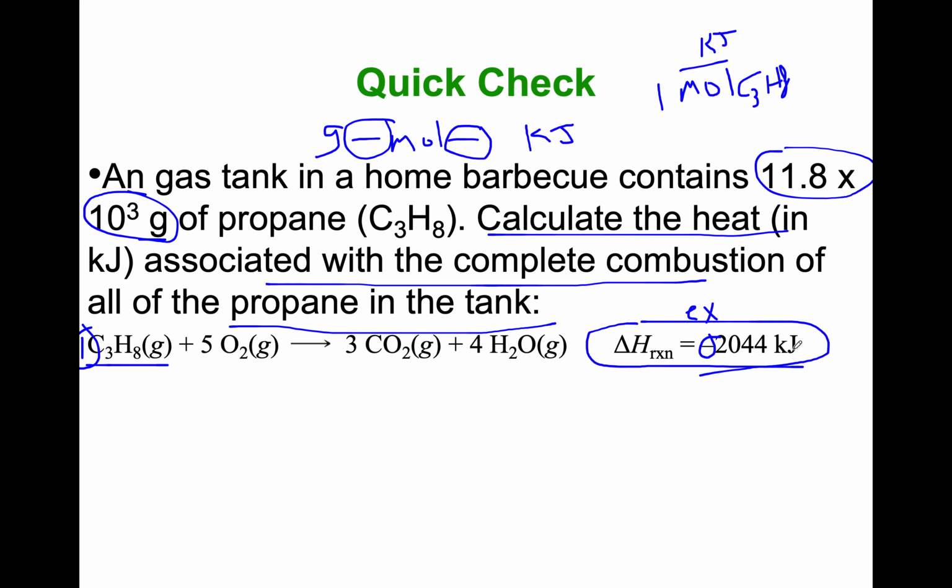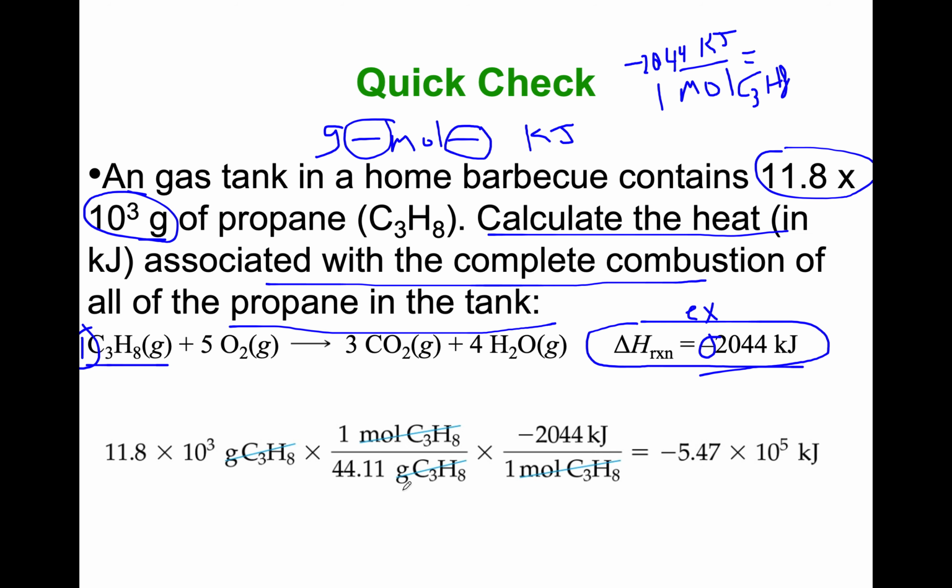And that's where this comes in. So we just add the ratio in and do the math. So grams to moles, and this is the new piece that's being added. We're getting a ratio of moles to kilojoules, final answer in kilojoules. So that concludes chapter 8.